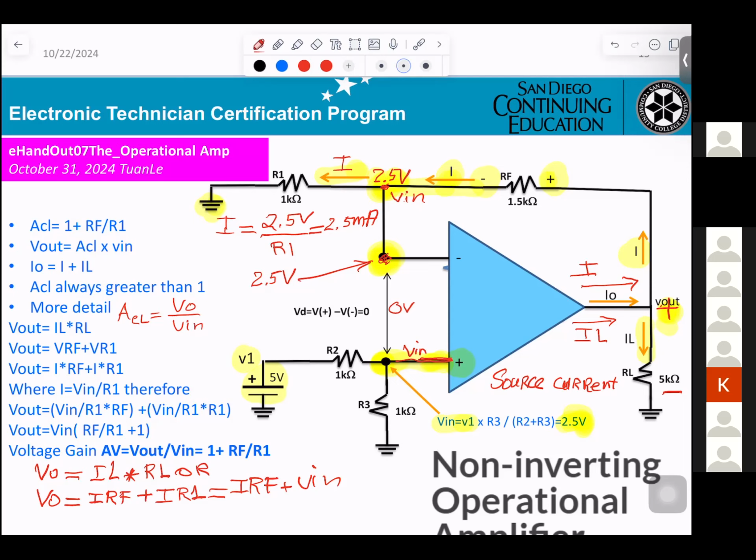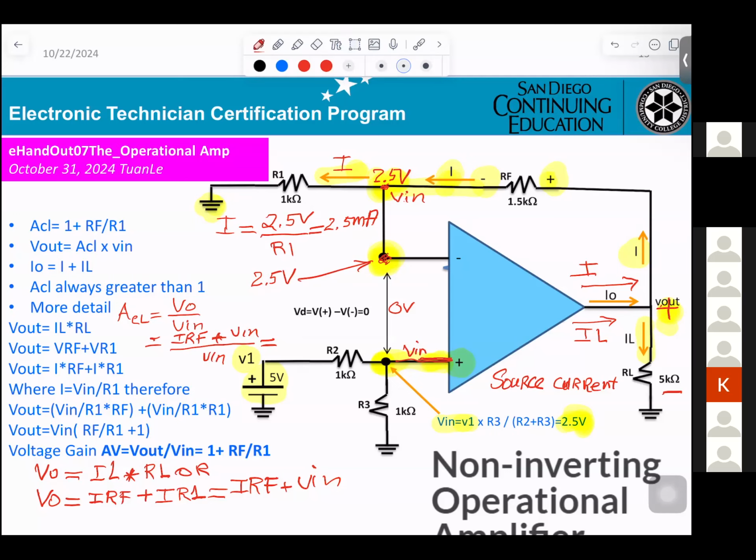The output you can get is I times RF plus V in, so I times RF plus V in, divided by V in. That becomes V in divided by V in, which gives you a 1.